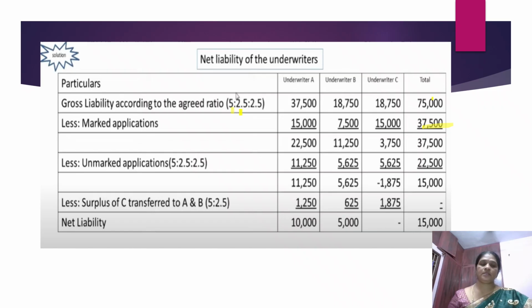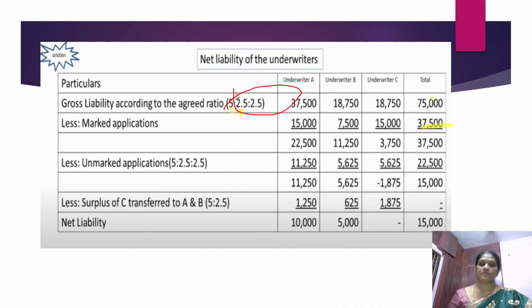Gross liability is according to the ratio 5 is to 2.5 is to 2.5. That is, the ratio is 50%, 25% and 25%. So it's divided according to the 5 is to 2.5 is to 2.5 ratio.